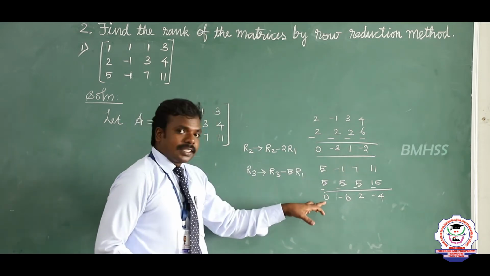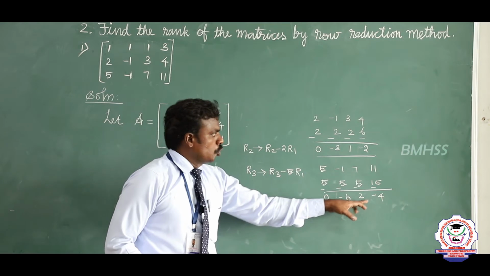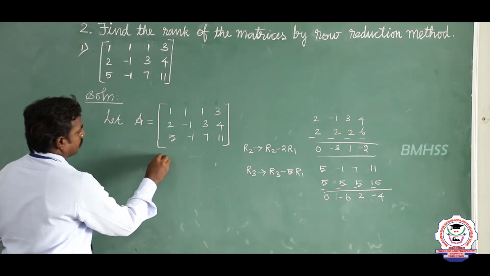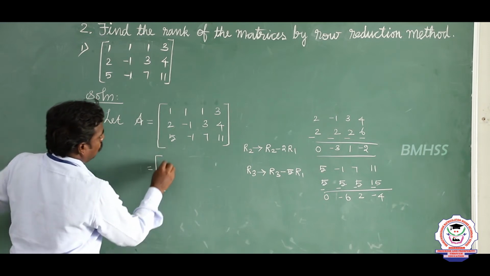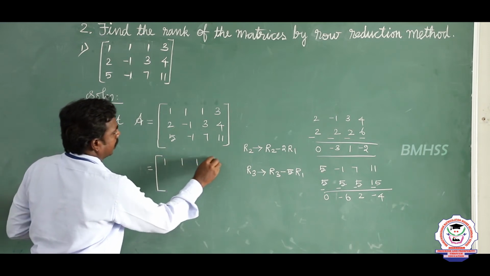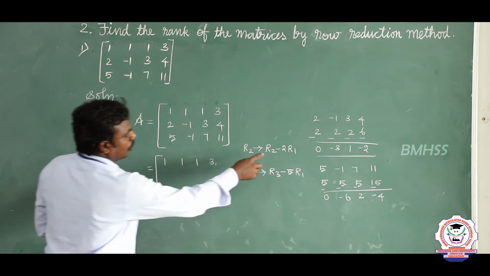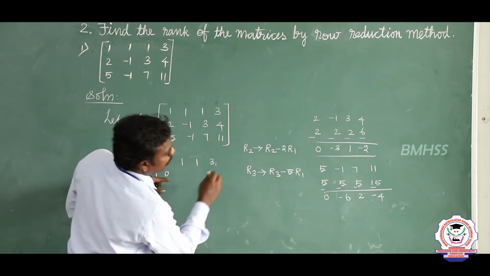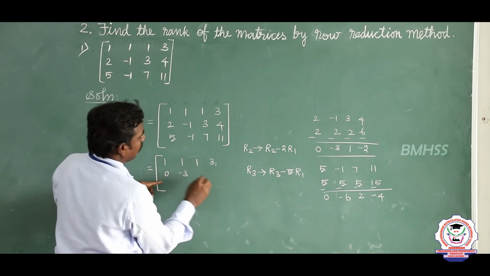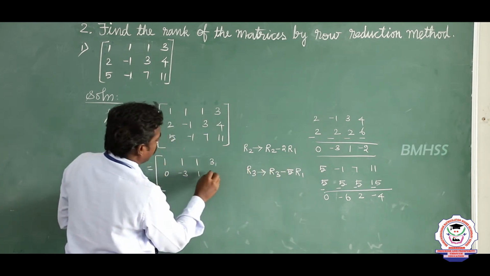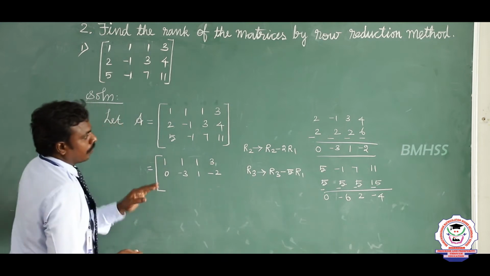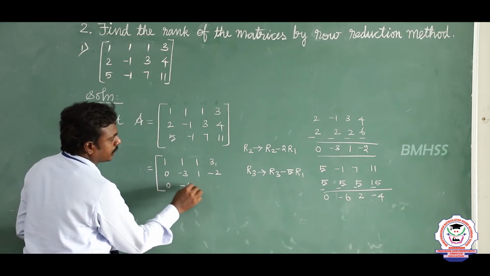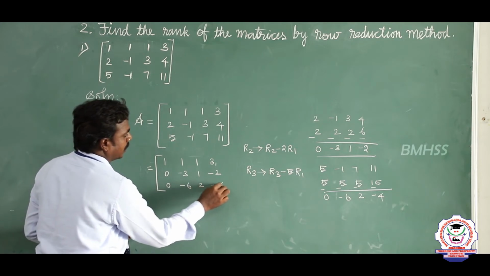In the R3 place, 0, minus 6, 2, minus 4. Very simple. The first row is 1, 1, 1, 3. The second row after the changes is 0, minus 3, 1, minus 2. The third row is 0, minus 6, 2, minus 4.